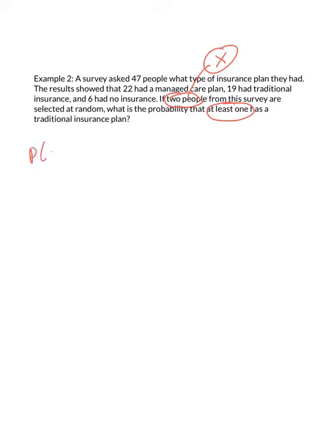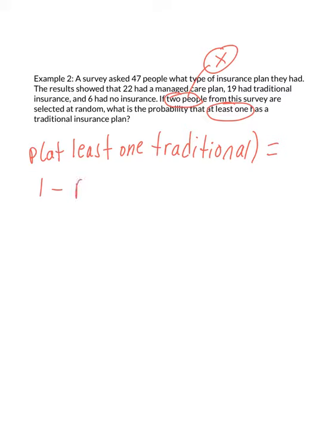So the probability of at least 1 of the 2 people's names having traditional insurance, I'll just write at least 1 traditional equals. I'm going to do 1 minus the probability of the opposite scenario, where you just insert the word no in front of what you're looking for. So no traditional insurance.